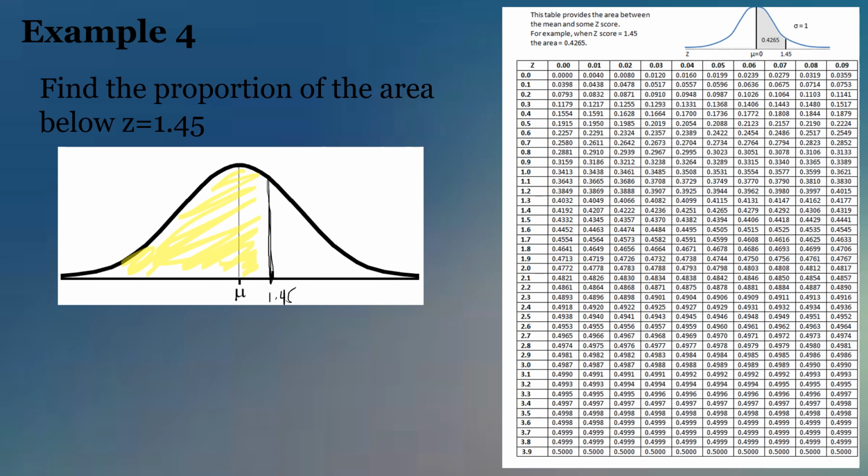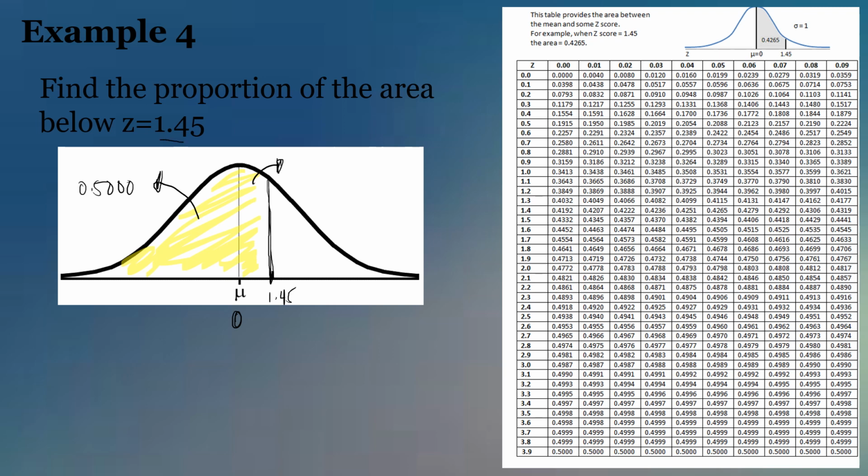Okay, so remember, yung kalahati natin, that is equal to 0.5000. Okay? So, ang kukunin mo na lang is yung area from 0 to 1.45. Okay? So, si 1.45, using the table, alamin natin yung area niyan.